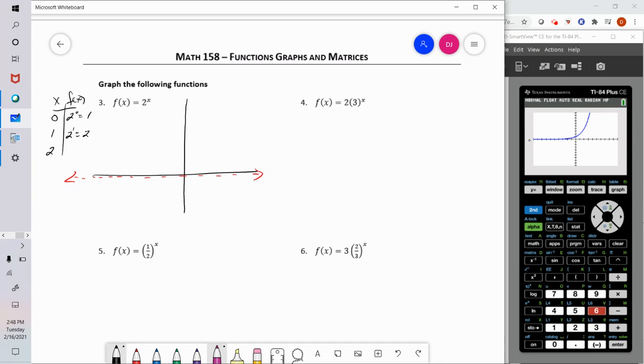Let's go one more. 2 squared would be 4. If x is 0, y is 1. Always label the point. That's (0, 1). If x is 1, y is 2, and that's (1, 2). I suppose we'll go one more, and that's (2, 4).